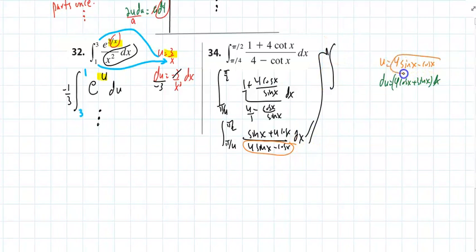This is my denominator. And guess what? This is right there. Oh boy, that's an ugly cosine. Let's fix that. That will be my du. What do you know? Magic, right?